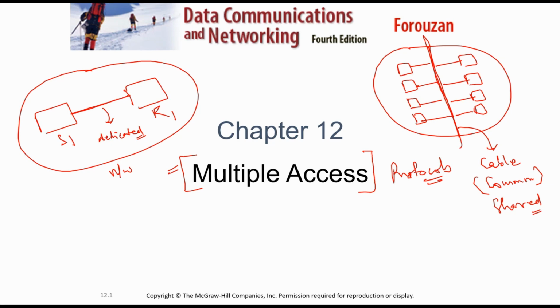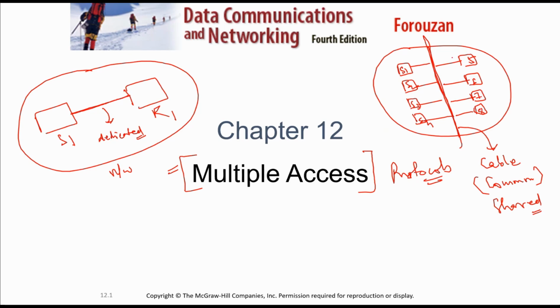It is shared between these devices, nodes, or stations. So suppose this is sender 1, sender 2, sender 3, sender 4, and stations 4, 5, 6, 7, 8.